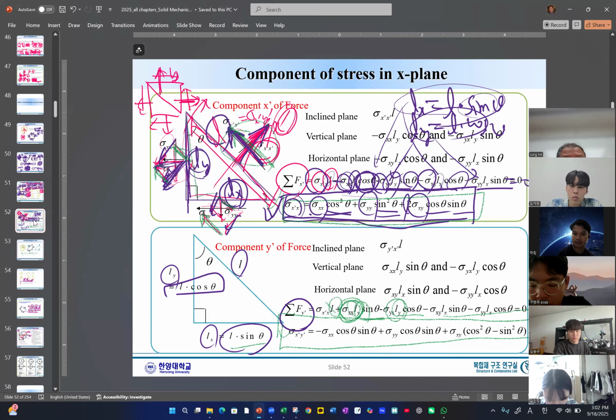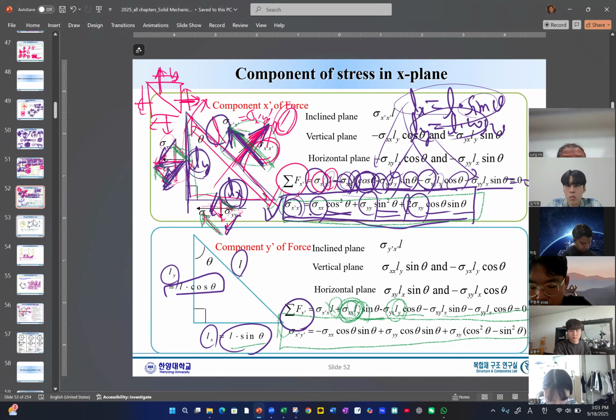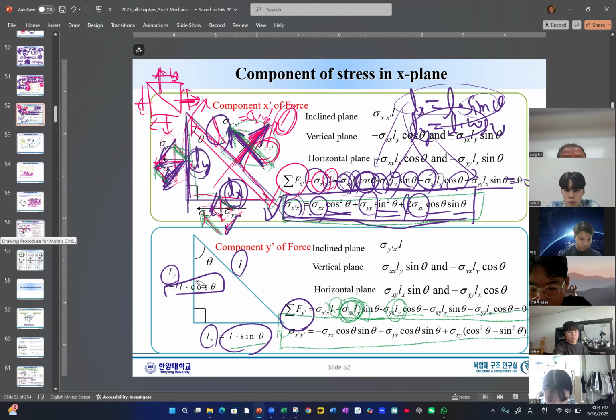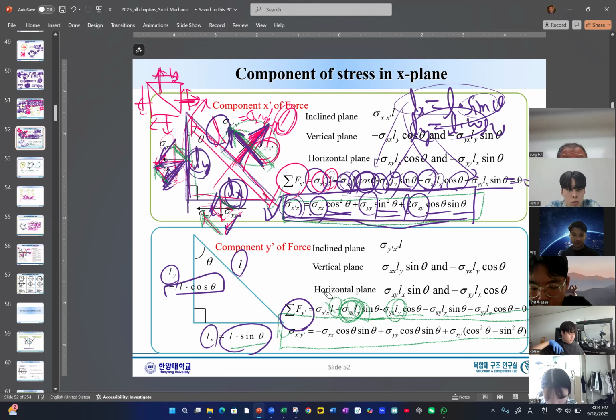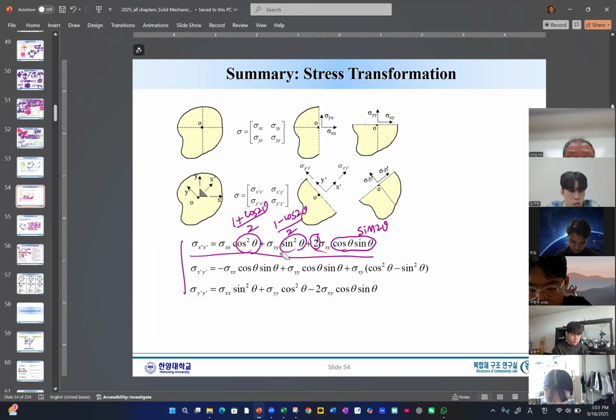Now all the stresses can be understood in this way using this plotting. And again, you don't need to remember all this complication. This equation, you don't need to remember.